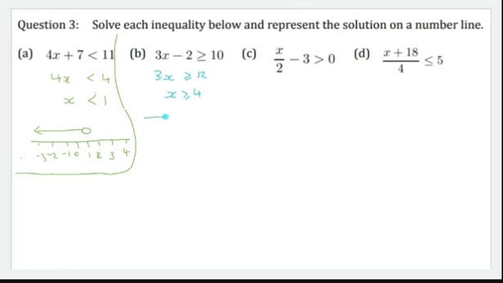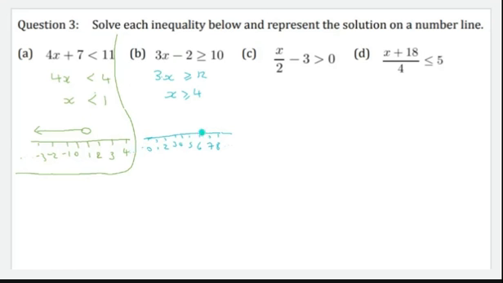And then we've got our number line here. 4, 5, 6, 7, 8, and so on. 3, 2, 1, 0, and so on.